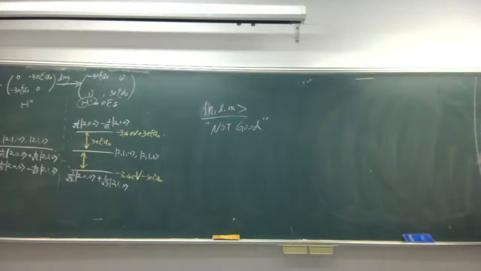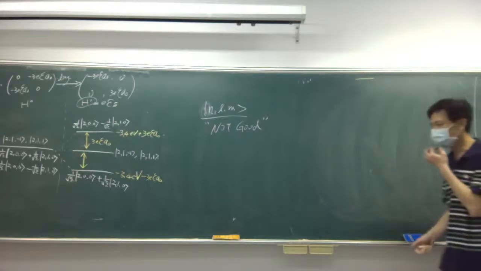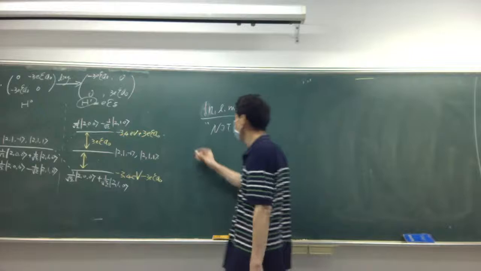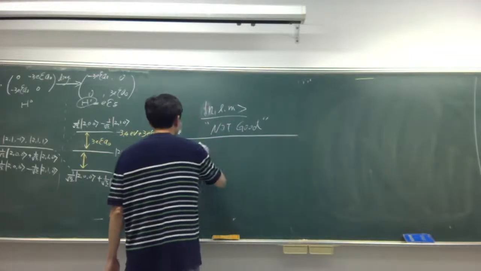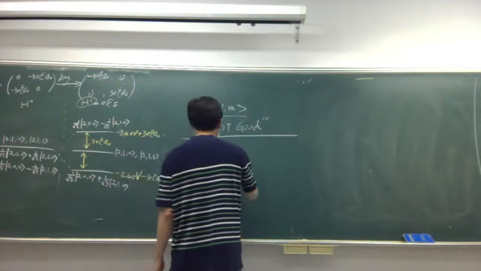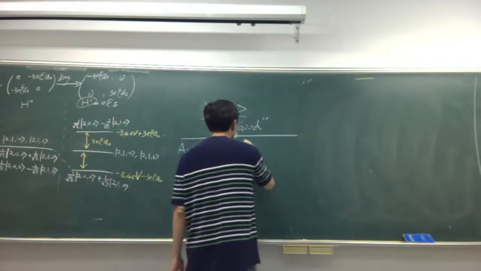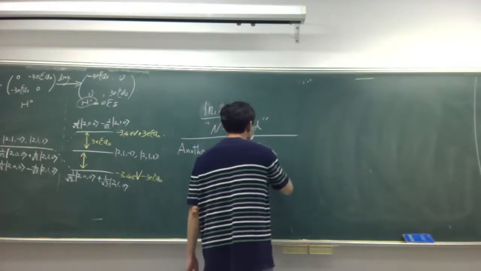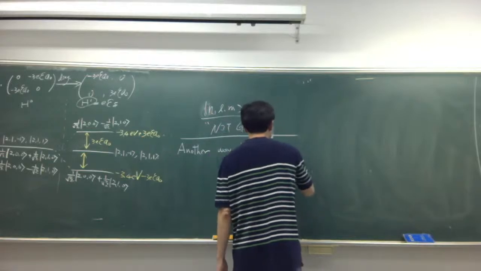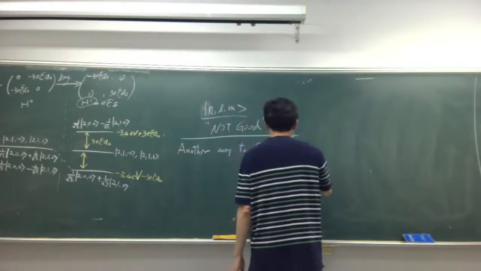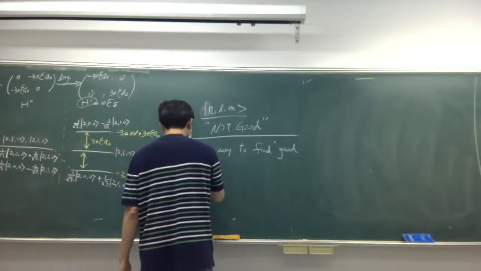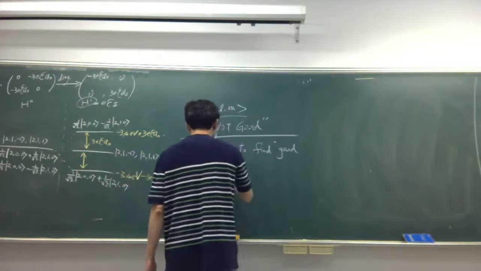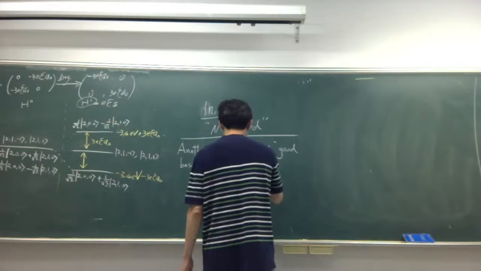So far, we just directly diagonalized the H1, but there's another way to find out the good basis.